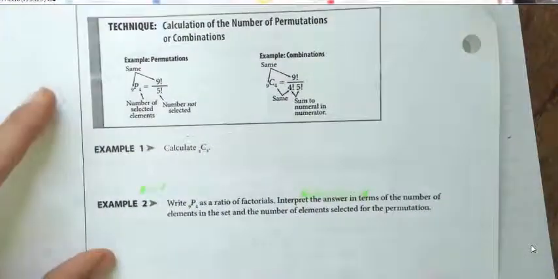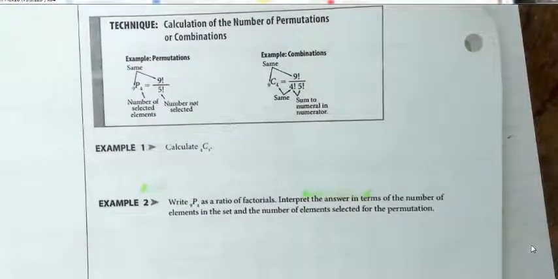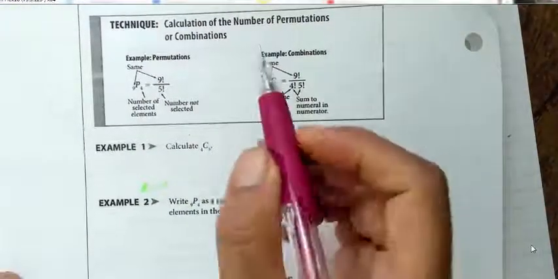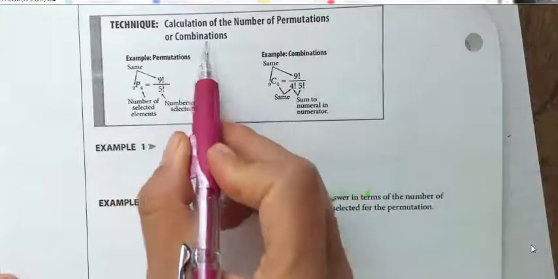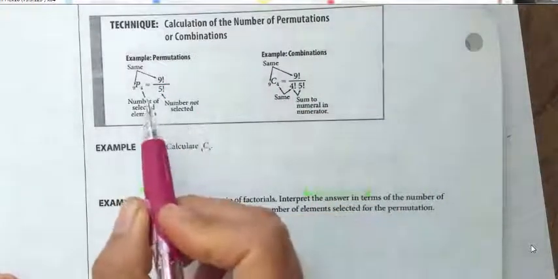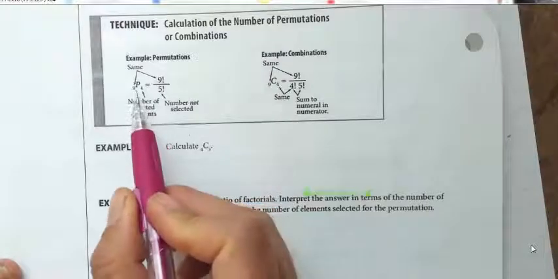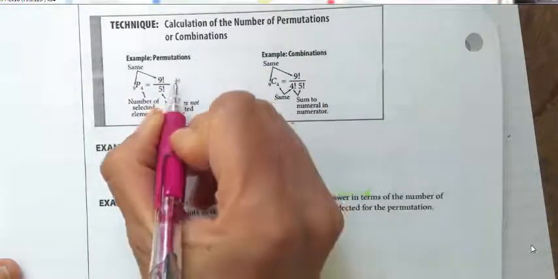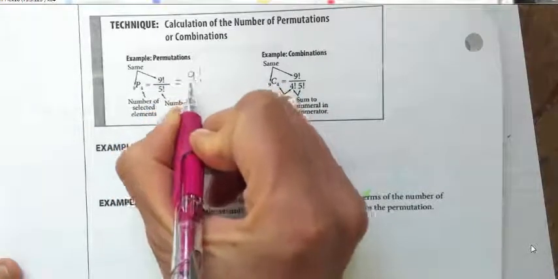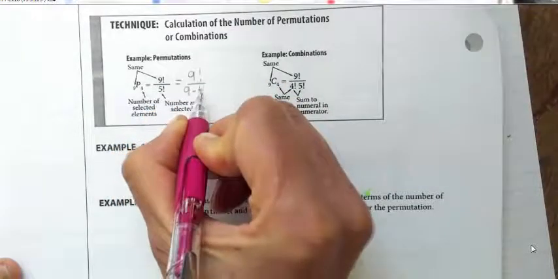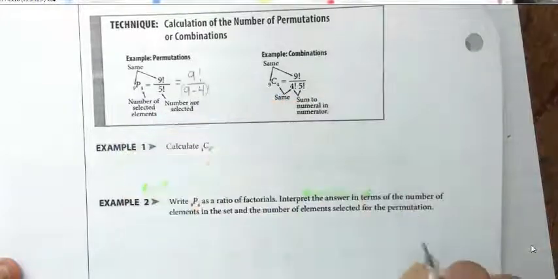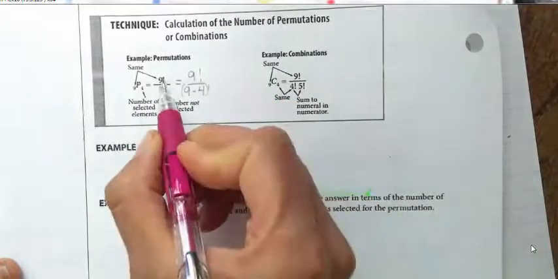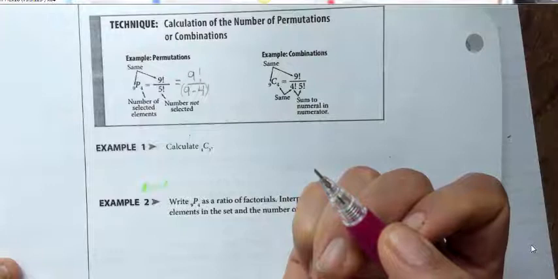And then here's the math behind it. The calculation of the number of permutations or combinations works very similarly, with a little bit of a difference. So when we have 9P4, this is really 9 factorial over 9 minus 4 factorial, which gives you 9 factorial over 5 factorial.